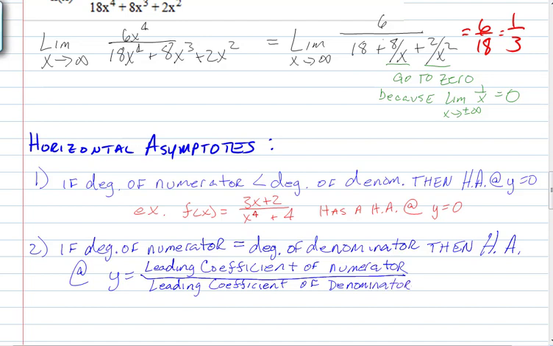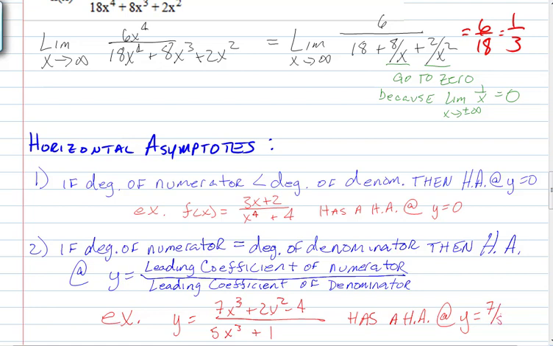So for example, look at the problem above. y equals 7x to the 3rd plus 2x squared minus 4 over 5x to the 3rd plus 1 has a horizontal asymptote at y equals what? 7/5.